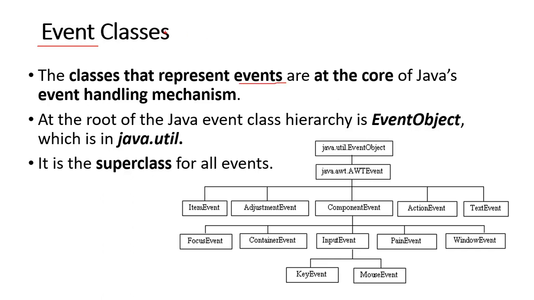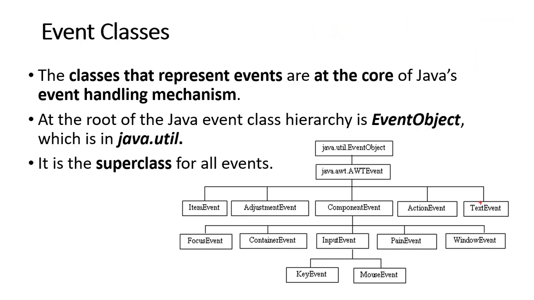For different events, there are different classes. Remember, not all events are the same. Clicking on a button is a very different event than clicking inside a checkbox. Clicking inside a list box is also a different event. So depending upon the different types of events, we have different event classes.